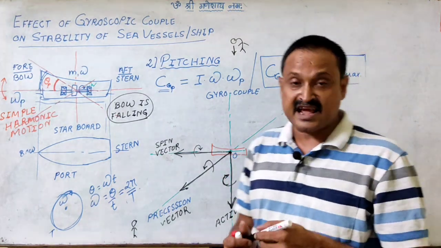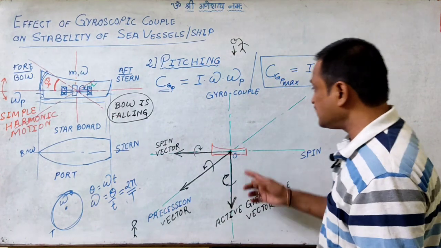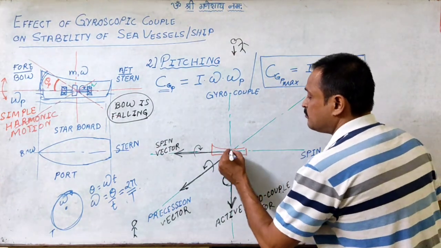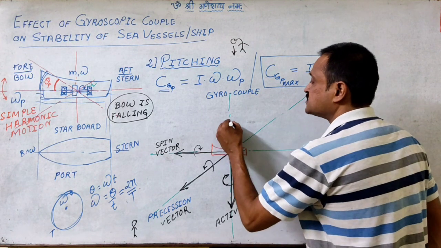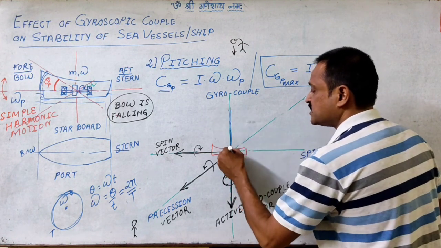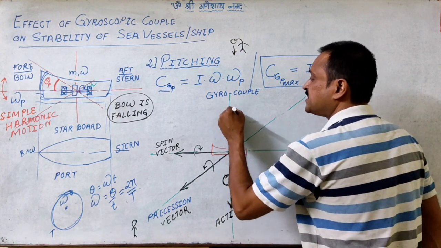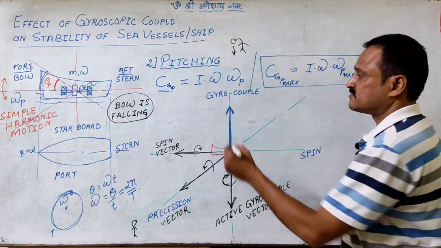So how will be the reactive vector? The reactive gyrocouple vector will be pointed upwards, exactly opposite to the active one, so we get the reactive gyrocouple vector pointed towards the observer.